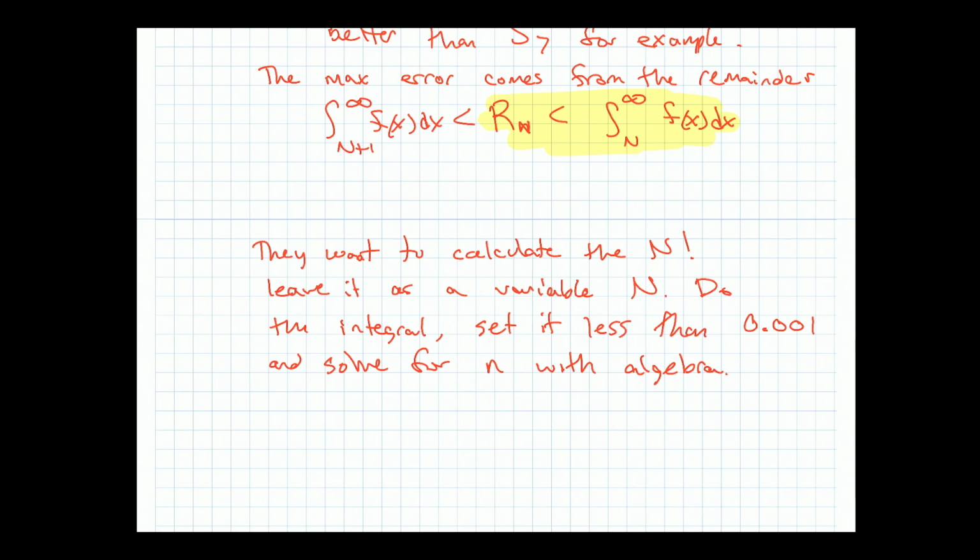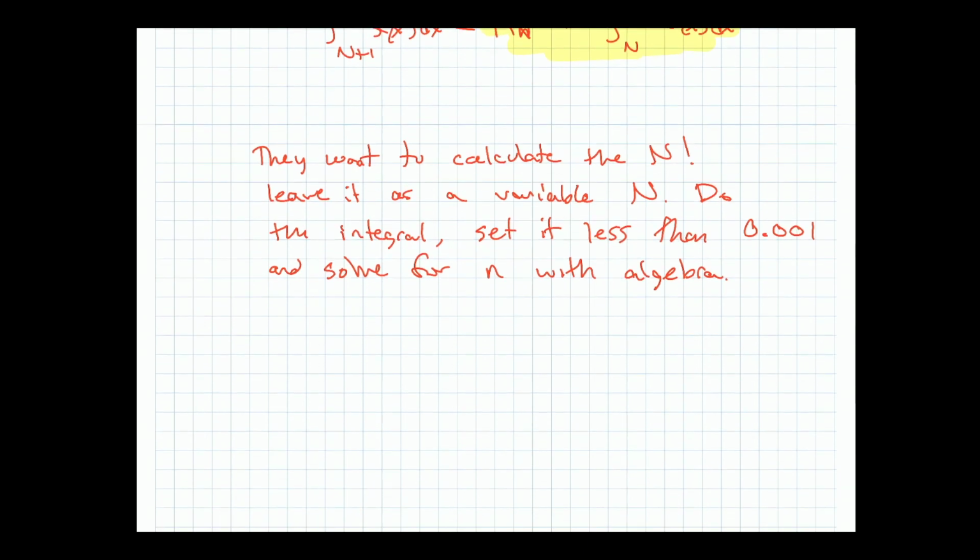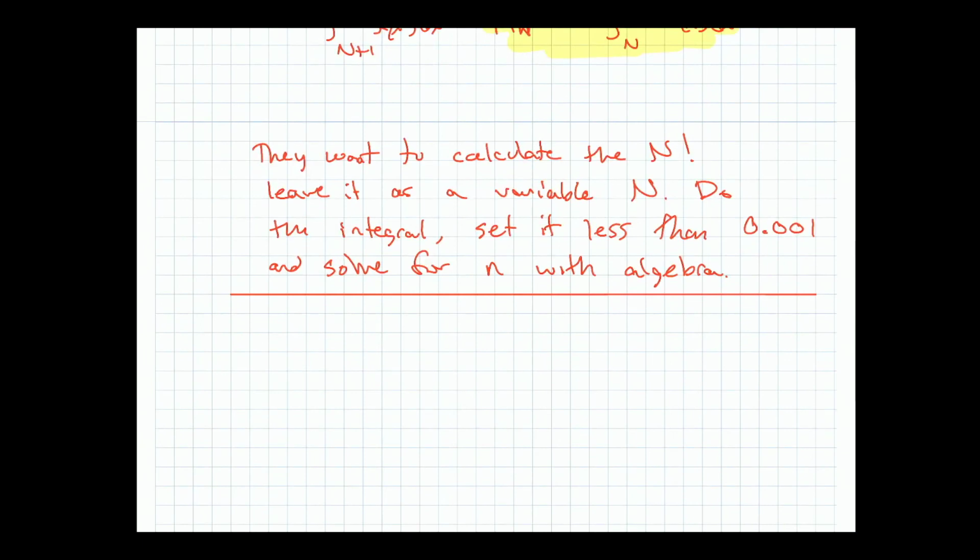All right, so calculate it and solve for it. That's how you do this. These are the steps. We need to evaluate the integral from capital N to infinity of f of x for whatever our function is.